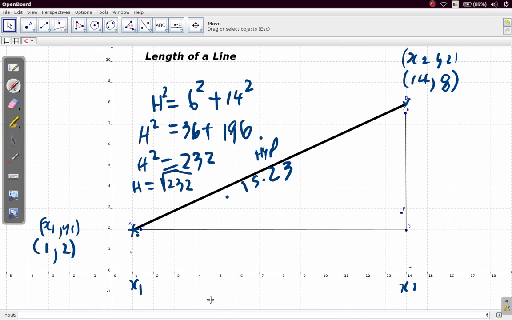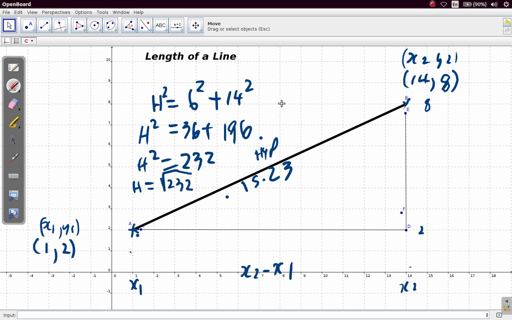The difference between x1 and x2, so we have x2 minus x1. That's the length of this side of the triangle. What's the length of this side of the triangle? This is 8, let me write the 8 up here. And this is 2, lines up with 2, the 2 is right here.